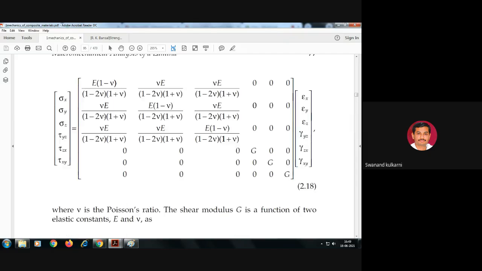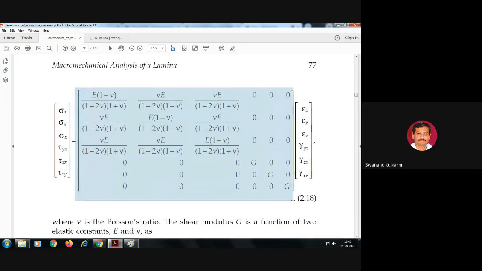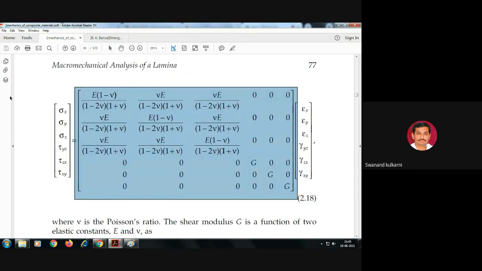whatever matrix we get, that matrix is like this. Is it okay? So here we can understand how this particular stress is identified based on the strain. If strain is known, how do we identify the stress?